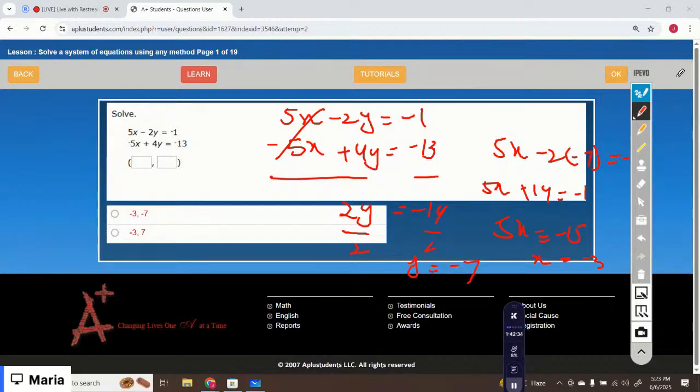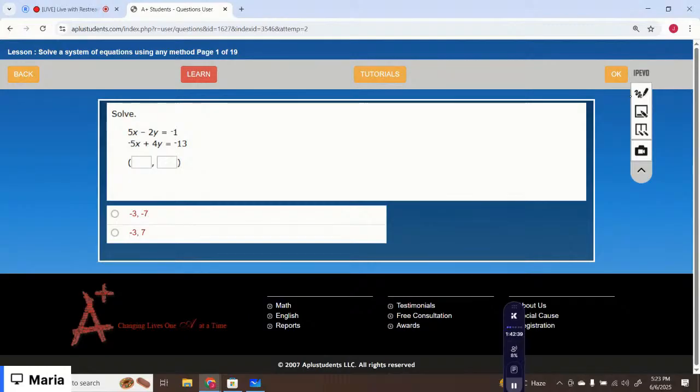So option number 1 is the correct option. That is negative 3 and negative 7.